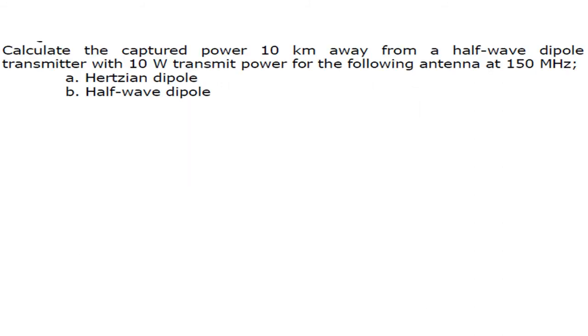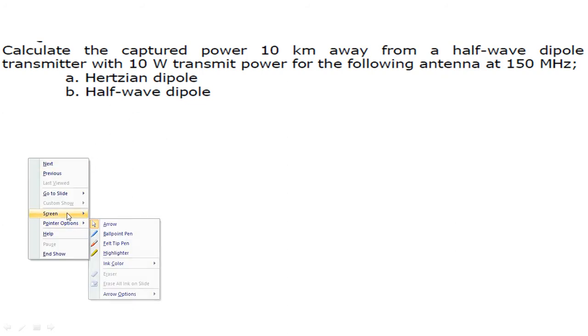Okay, calculate the captured power 10 km away from the half-wave dipole transmitter with 10 watts of transmit power for the following antenna at 150 MHz operating frequency. So, letter A, yung receiving antenna natin is Hertzian dipole, and letter B is half-wave dipole.